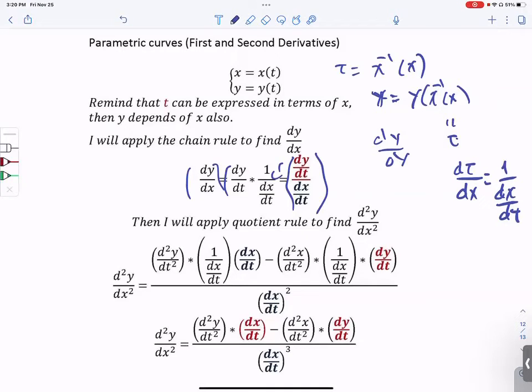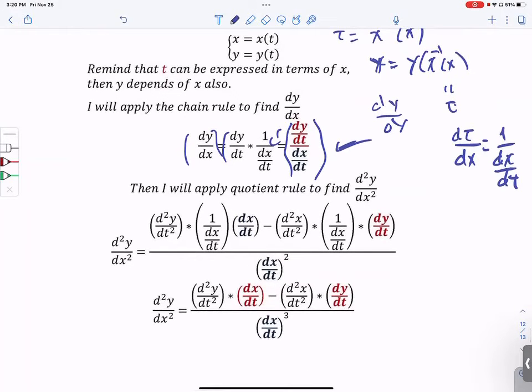The first derivative of the parametric curve is dy/dx equals the derivative of y with respect to t divided by the derivative of x with respect to t. And then we have the first derivative here. For the second derivative, we will apply the quotient rule and the chain rule at the same time.